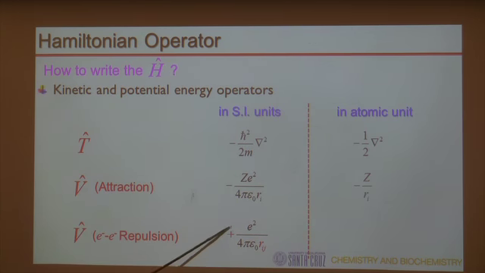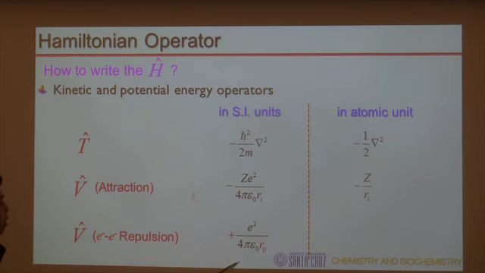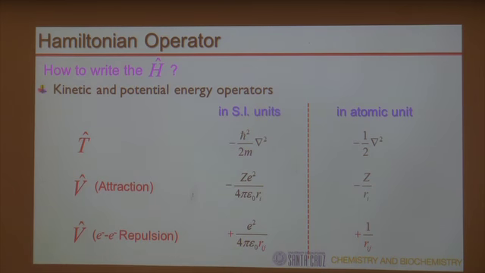That's why it's a positive term. And r here means the distance between the electron and the nucleus, but since we're talking about repulsion, it's the distance between the two electrons. Again, e equals 1 and 4 pi epsilon 0 equals 1, so you reduce to this form in atomic units. Any questions?